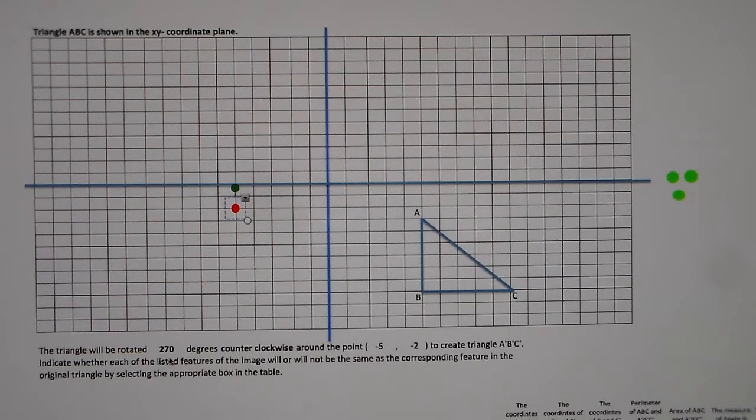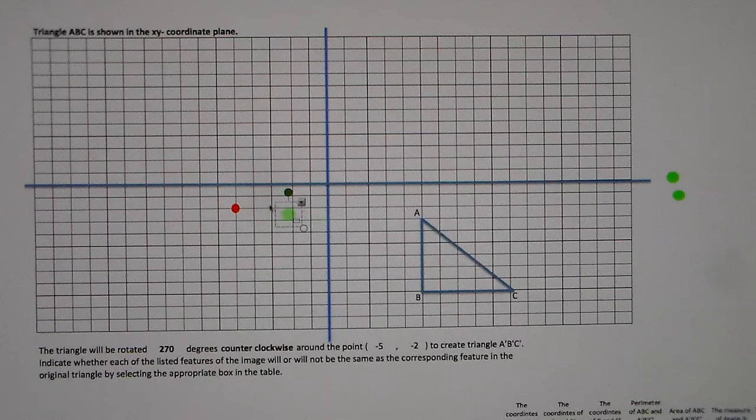Our goal is to rotate this triangle ABC 270 degrees in a counterclockwise rotation, meaning our coordinates around this circle are going to go around this way, counterclockwise, 270 degrees. That's the same thing as doing 90 degrees clockwise. So 90 degrees clockwise. Alright, so 270 degrees counterclockwise.